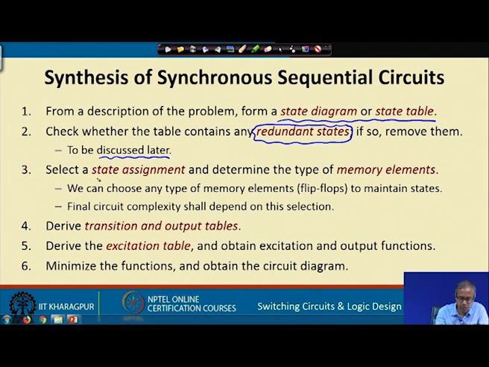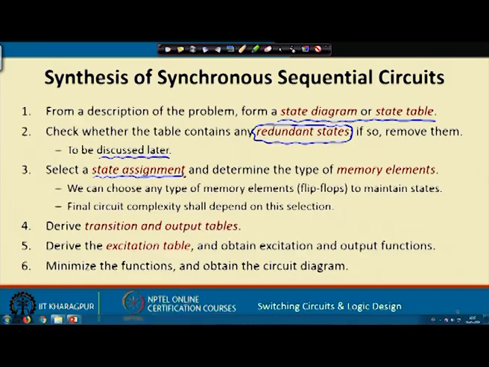Then we do something called state assignment. What is state assignment? In the examples that I have seen so far, we named the states A, B, C and D, but ultimately these states will be represented by flip flops. So, the 4 states can be represented in binary, let us say using 00, 01, 10, 11, that is called state assignment.